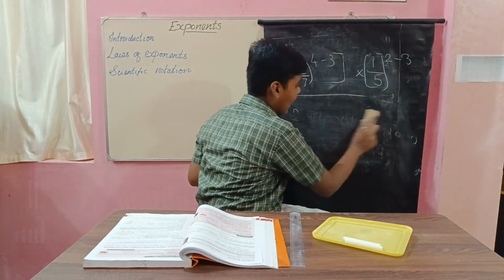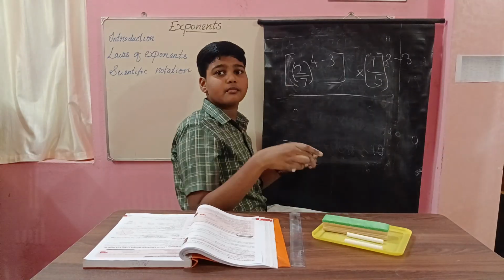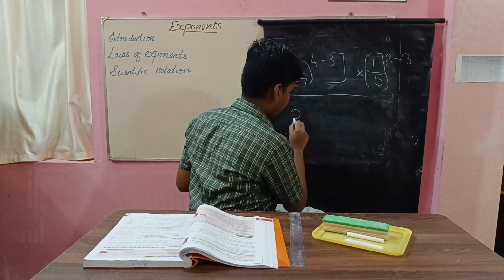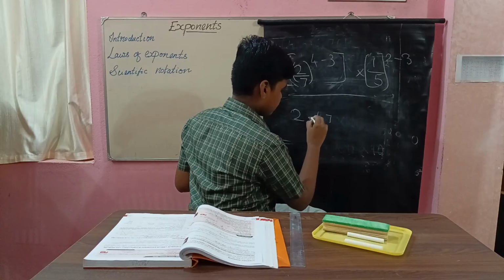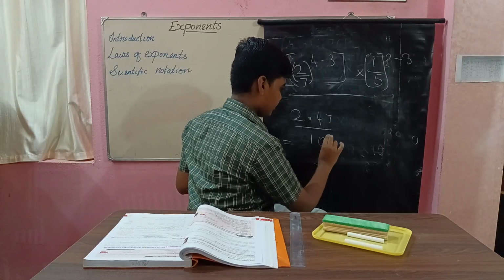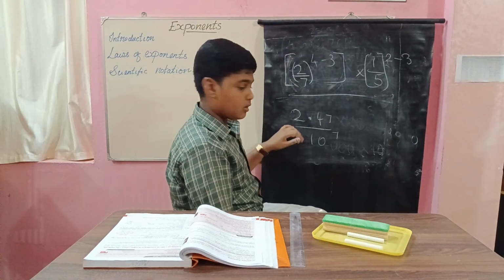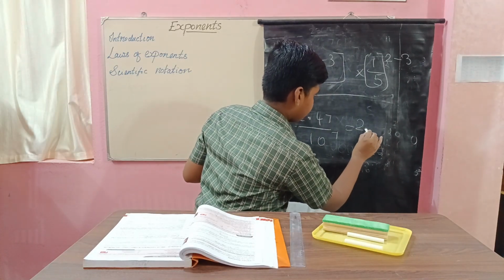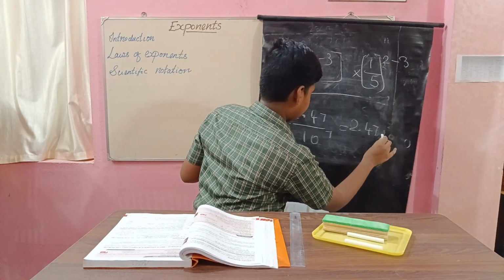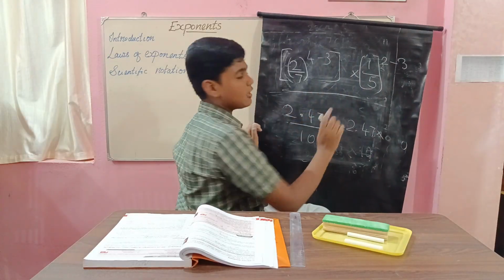But if you have something like this in the reciprocal form, 2.47 into 10 to the power of minus 7, how should we solve this? Write it like 2.47 into 1 by 10 to the power of 7.